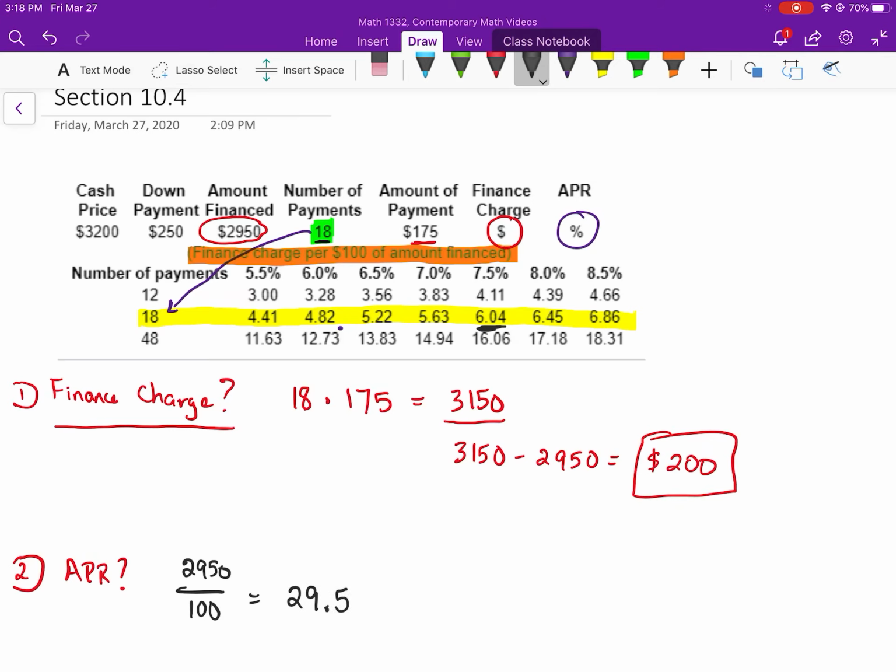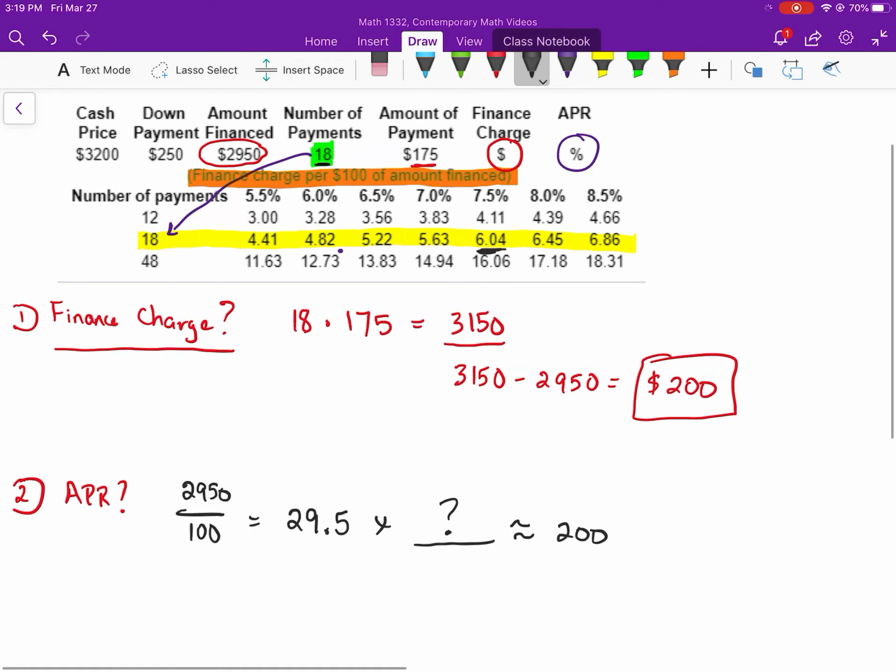So I divide that by 100, and I get 29.5. So I need to do 29.5 times something that is going to be approximately $200. I say approximately because we could be a little bit under or a little bit over.